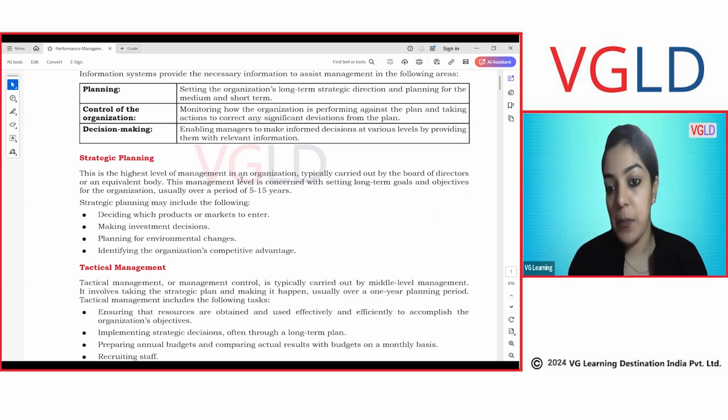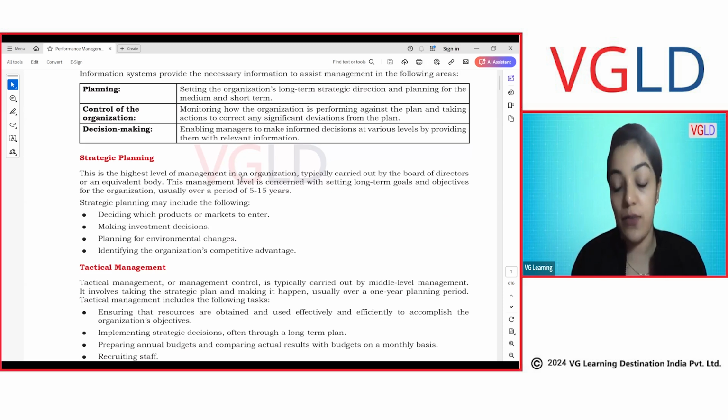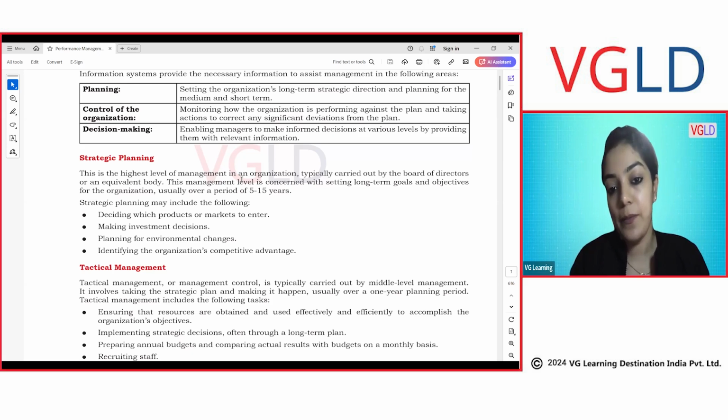And what does strategic planning comprise of? It comprises setting long-term goals and objectives for the organization, something that the organization would achieve in the next 5 to 15 years. So very long term planning, where the organization is going to head strategically, which areas it's going to foray into. So all of these are aspects of strategic planning.